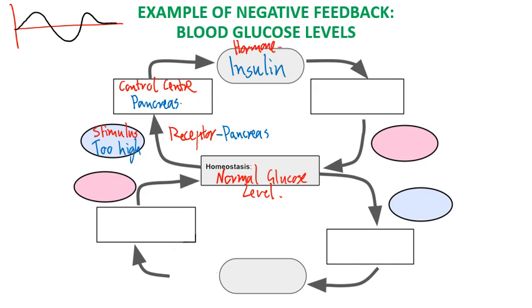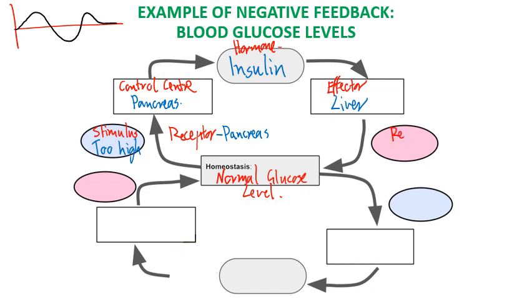And then insulin travels mainly to the liver, which is the effector. And the liver's job is to take up and absorb lots of that glucose, so there's not too much in the blood.